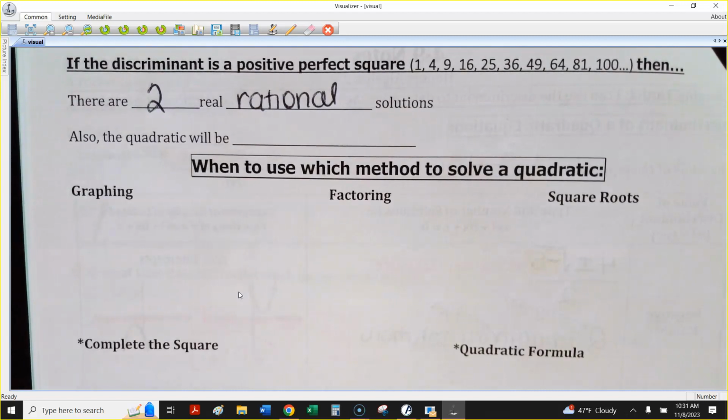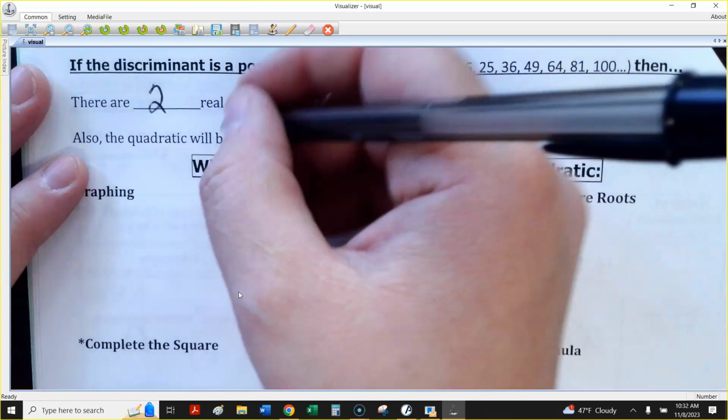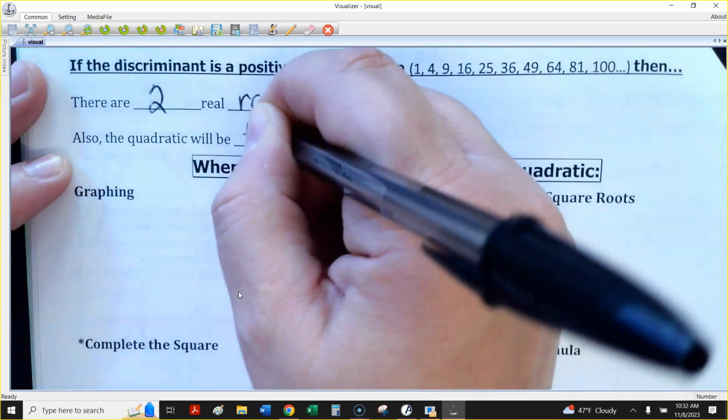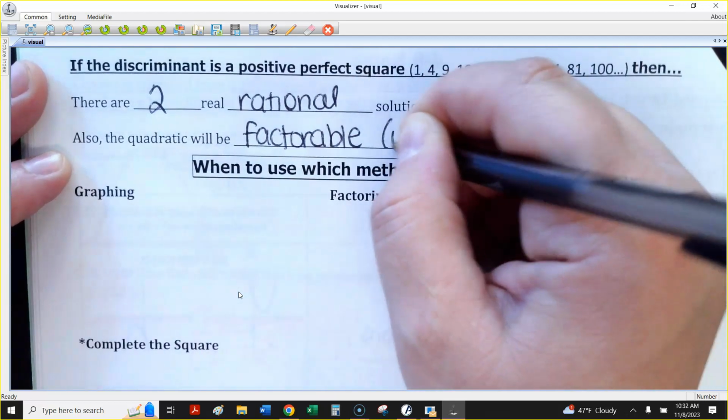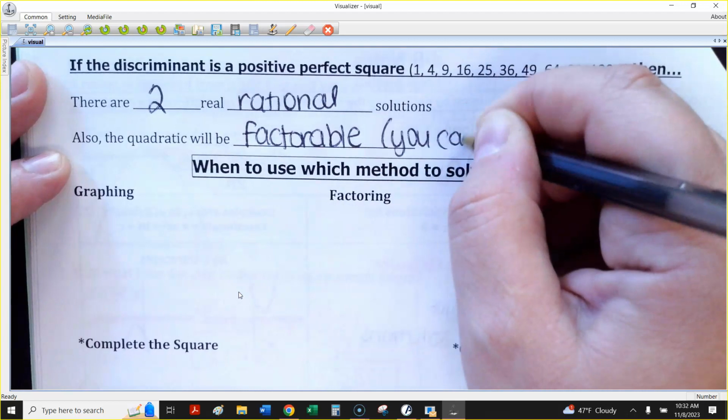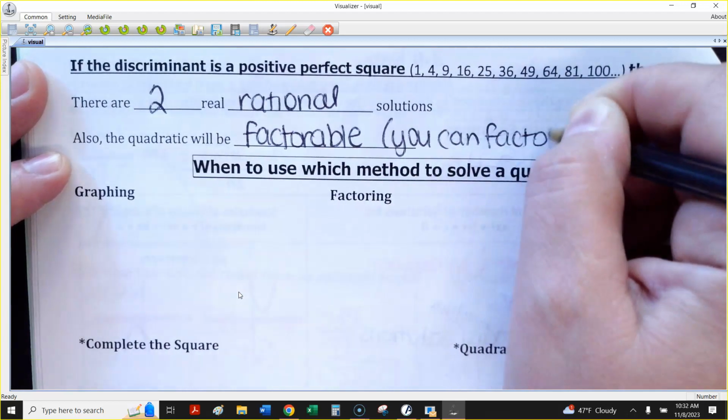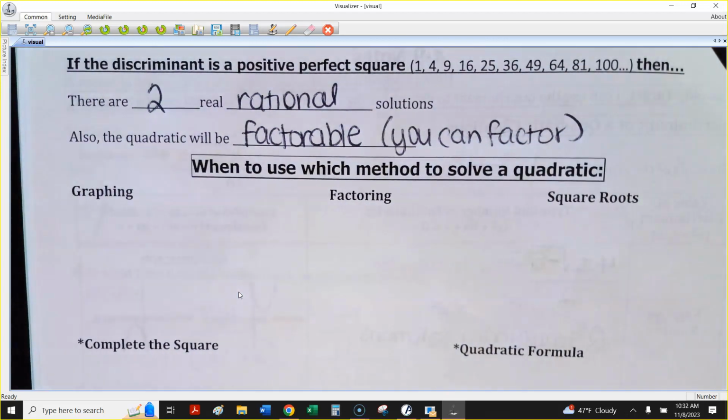If that's the case, the quadratic is going to be factorable, meaning you can use the strategy of factoring. So if you do the discriminant and you find that it's a perfect square, that quadratic you're working with can be factored.